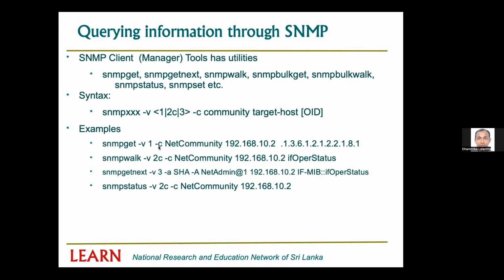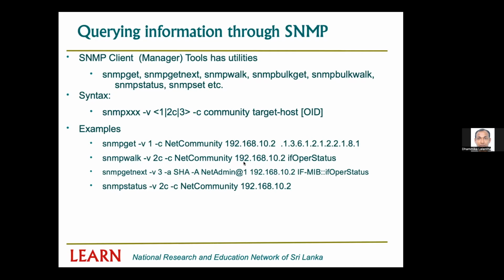It has the community string, the IP address of the particular target device, maybe a computer or router, and the complete object identifier string is this one. So using this, we can get that particular information.